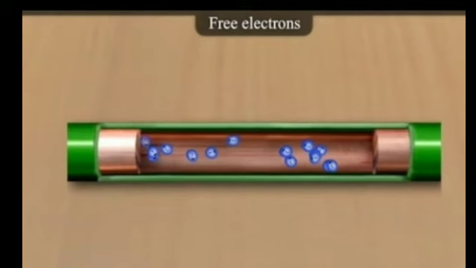When we connect the ends of the wire to the two terminals of the cell, an electric force acts on the electrons. Being negatively charged, they start moving from the negative terminal to the positive terminal of the cell.